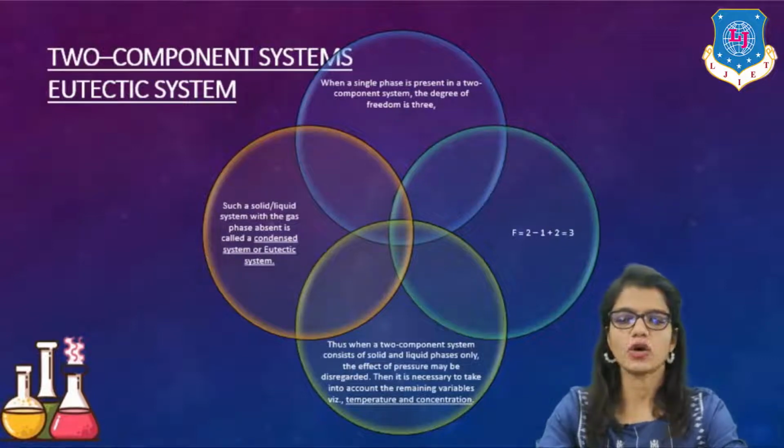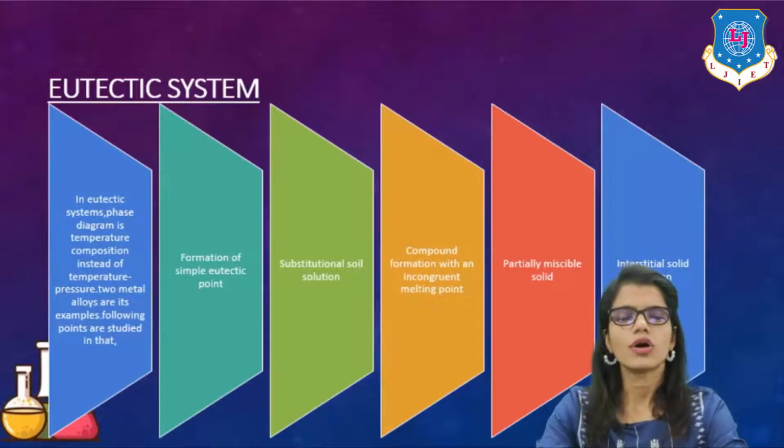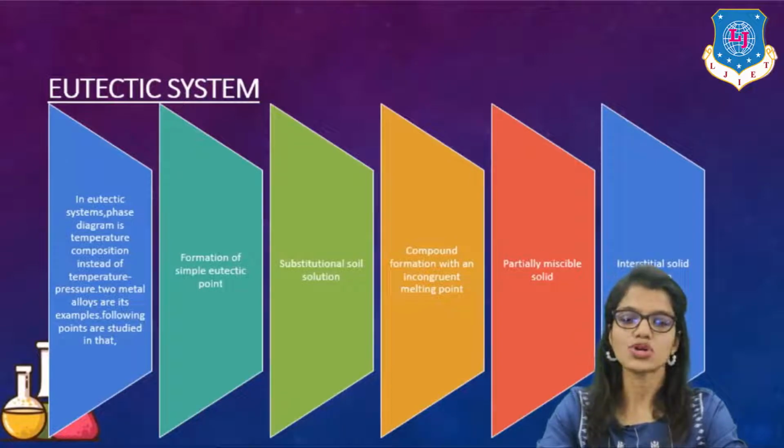In any eutectic system, the phase diagram is temperature versus composition instead of a temperature versus pressure diagram, right? So two metal alloys are its examples.